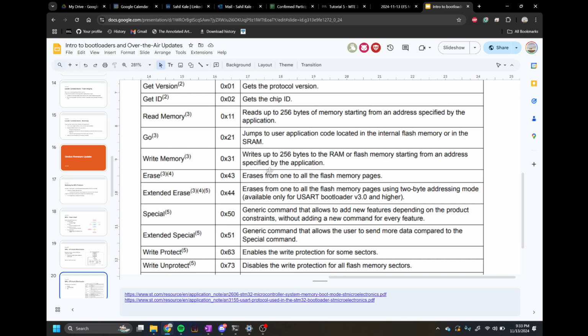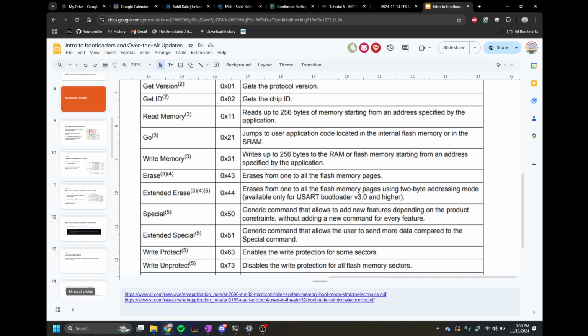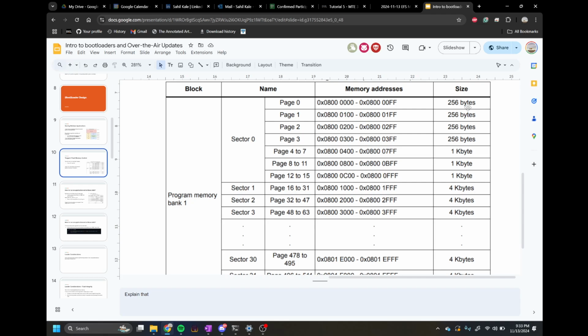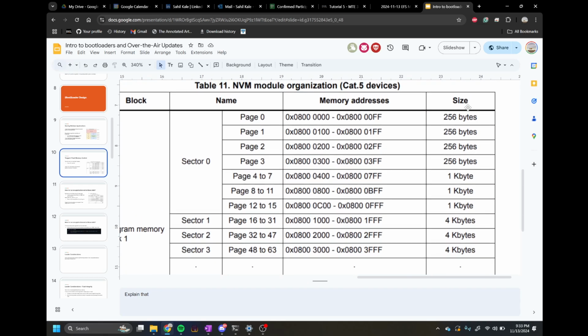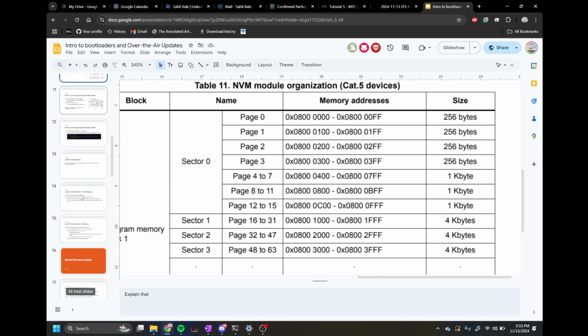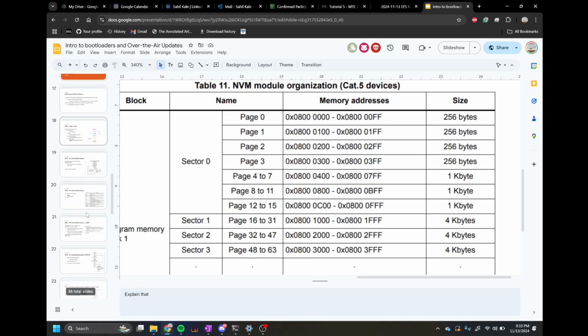Going back to an earlier slide where we talk about sectors, I'm going to bet 256 bytes is the size of a page. So that's just the minimum size they can write to. It would depend on the specifics of the bootloader, but that's generally how it goes, as that's the size that you'll end up writing. Make sense?